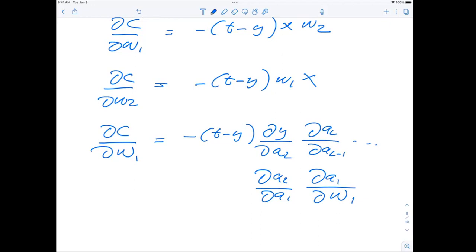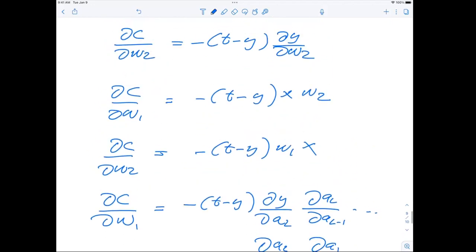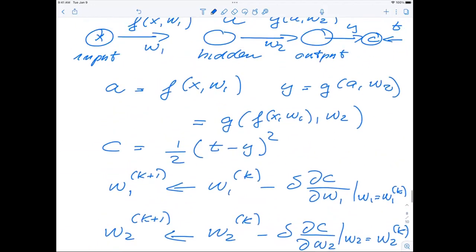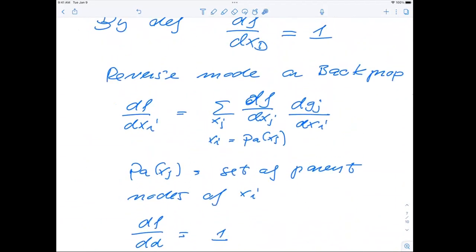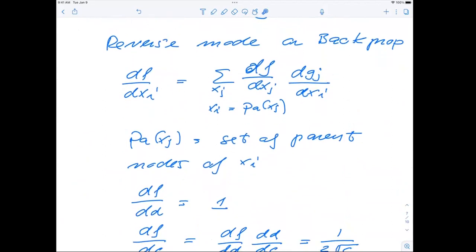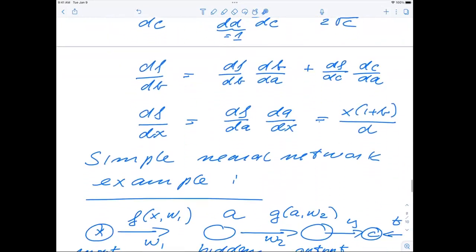So this is essentially the backpropagation algorithm. And if you look at this set of operations, this can actually be rewritten in terms of what we saw up here, in terms of this specific algorithm, which you see here, which is the same as the reverse mode in automatic differentiation. So the backpropagation algorithm is the same as the reverse mode in automatic differentiation.